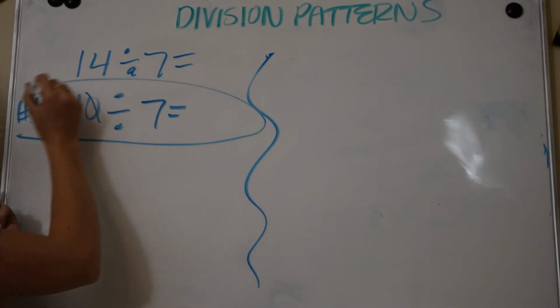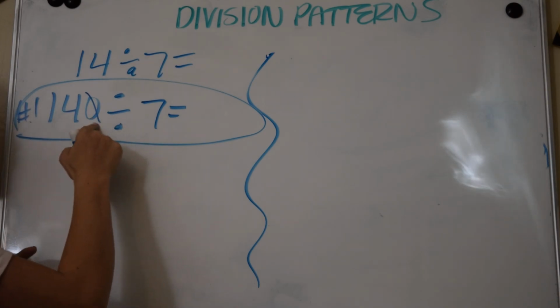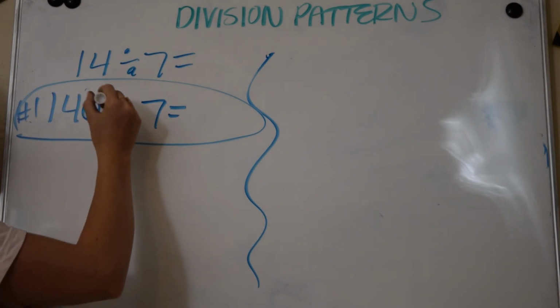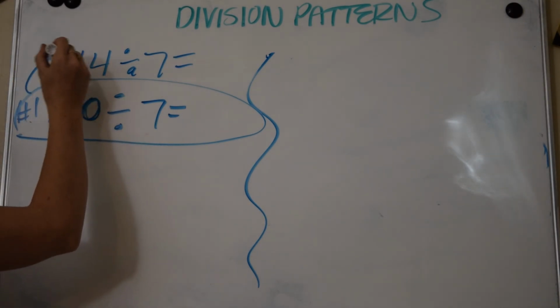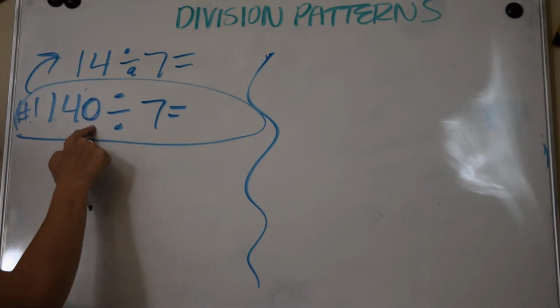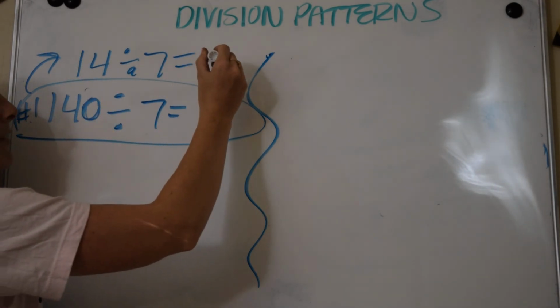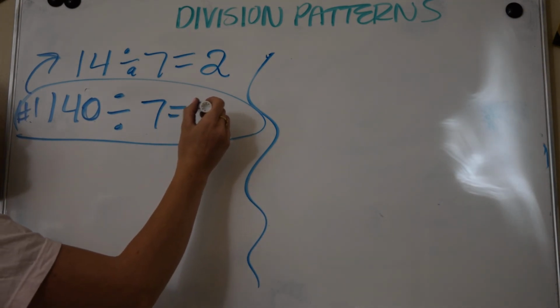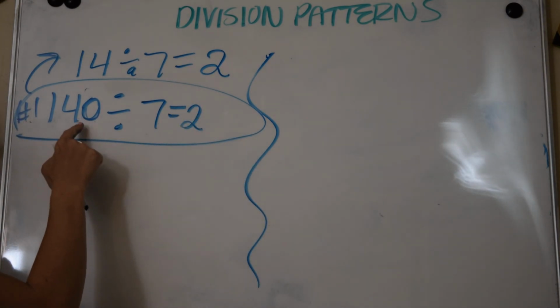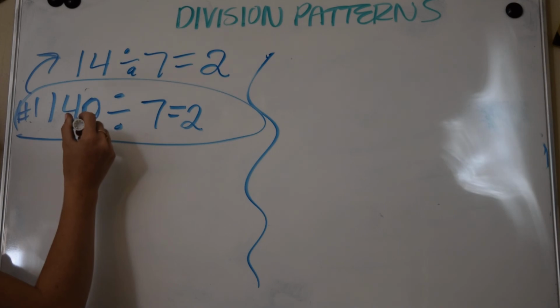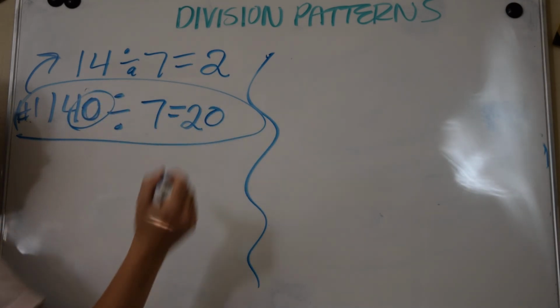This is the equation we're solving. This is the problem that's probably written in your book or on your paper. So write the previous pattern, taking away the 0. 14 divided by 7 is 2. So we know there's going to be a 2 in our answer, and then how many zeros were in your dividend? There was only 1, so you add it.